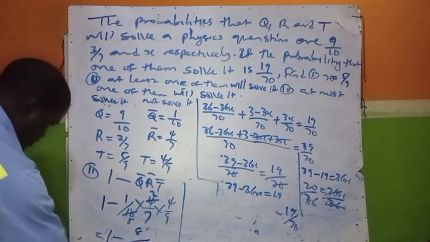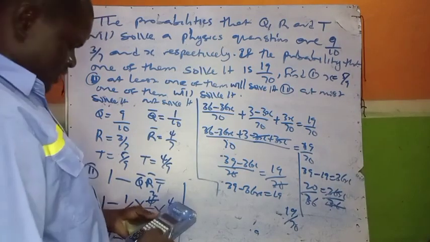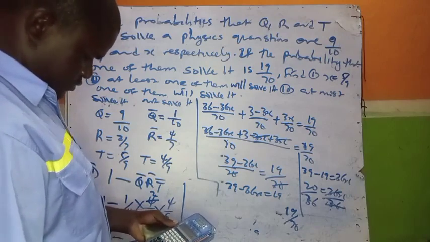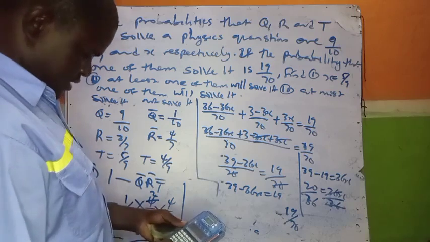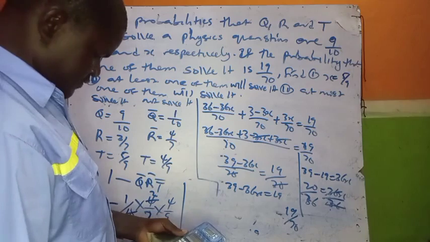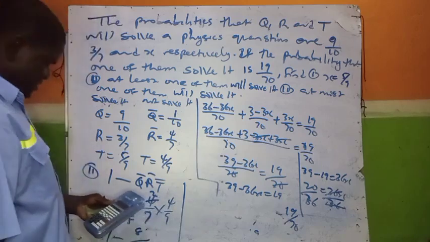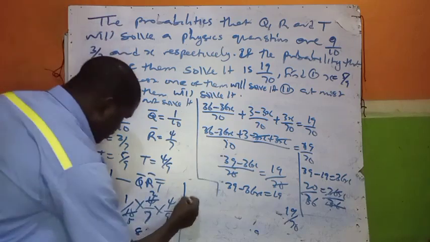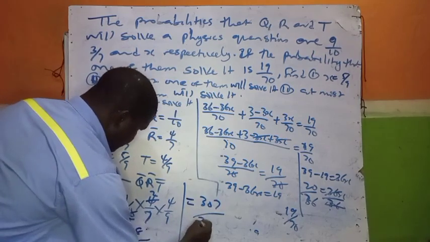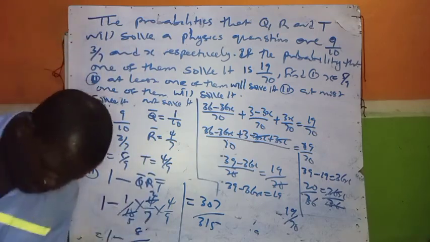So 1 minus 8 over 315. So your answer is 307 over 315. So that's that.